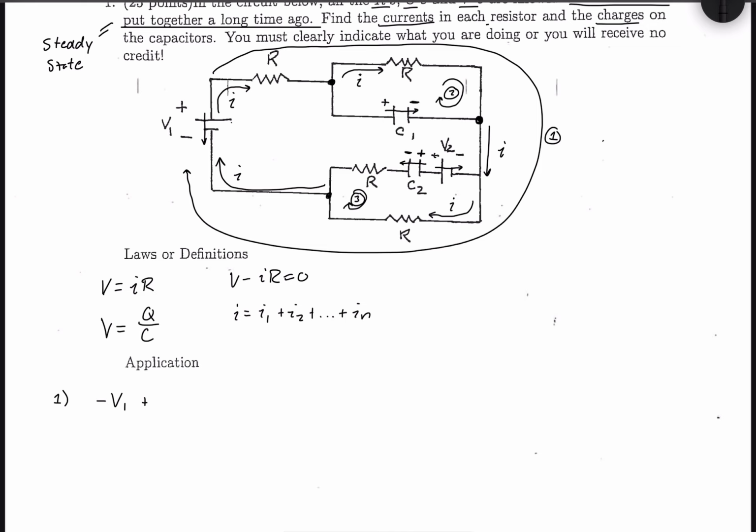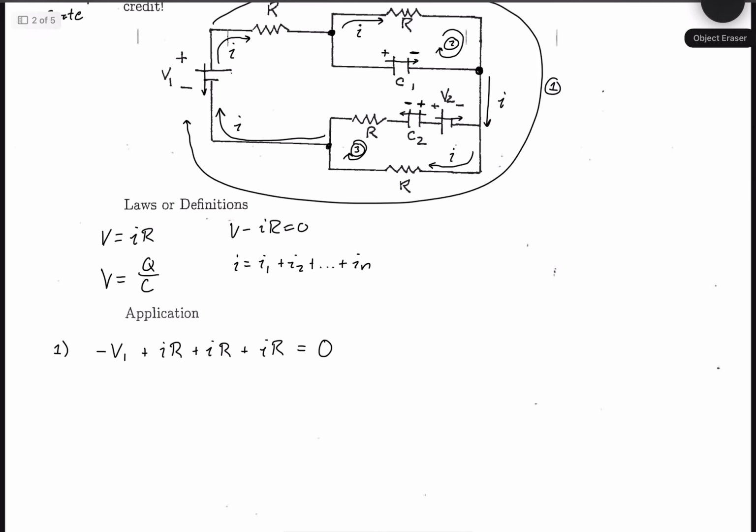Then we're going across this first resistor, and then across another resistor, and then we go over another one down here, and then we come right back to where we started, and all that added together and subtracted should be 0.